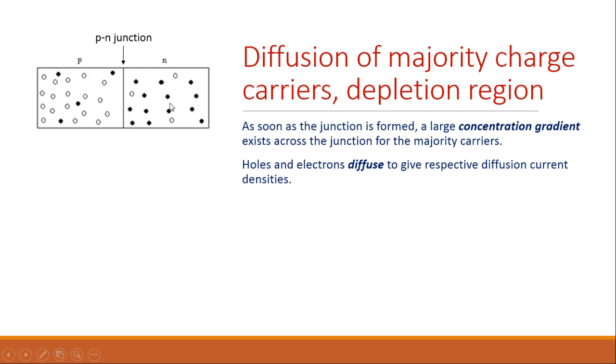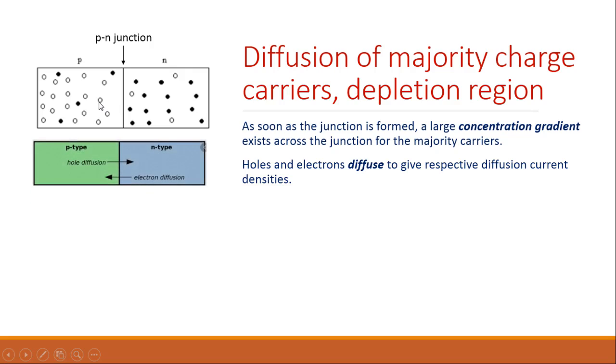Also, the electrons start diffusing naturally from the N region to the P region. This flow of the charge carriers, the holes from P to N and the electrons from N to P, causes the diffusion current and the diffusion current densities.